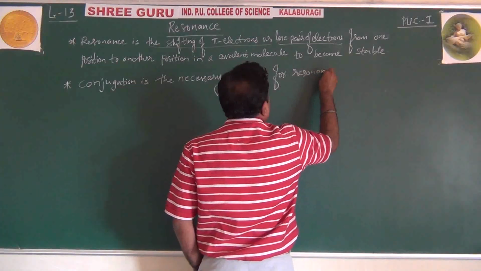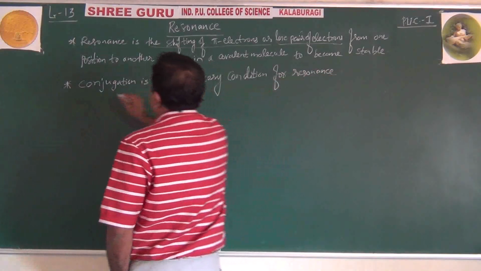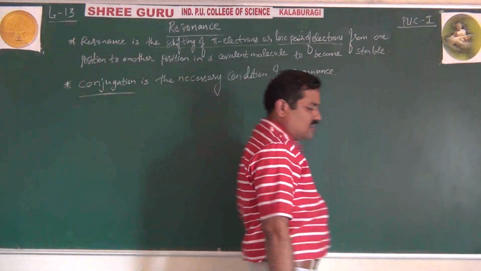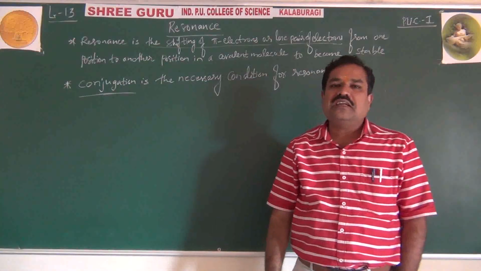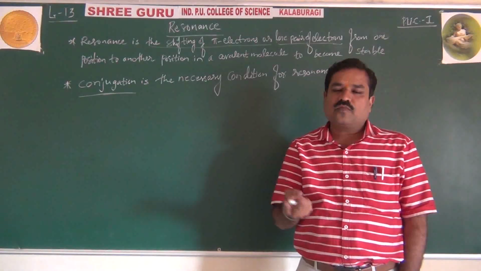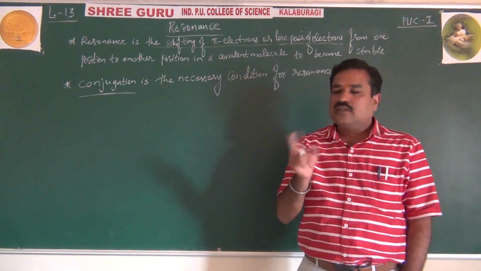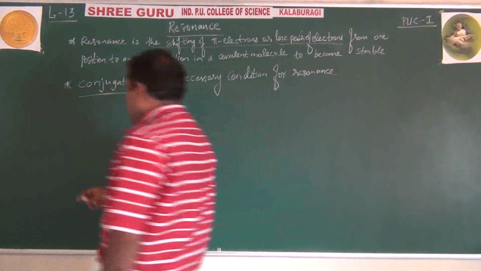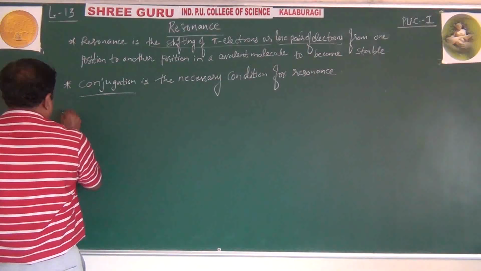Very important. Conjugation means a compound should contain alternate single and double bonds. Compulsory alternate single and double bonds. That is called conjugation. Then what are the resonance structures?